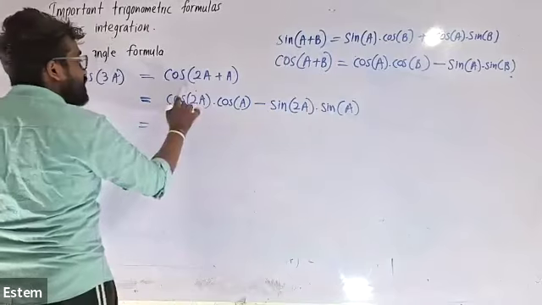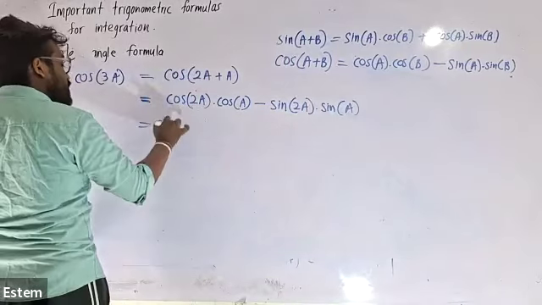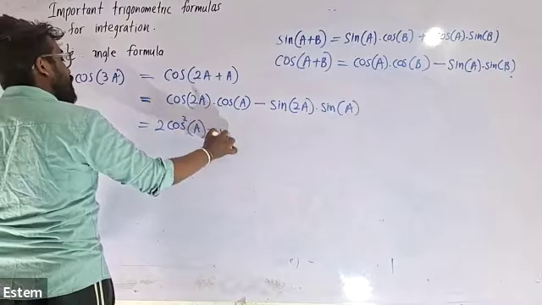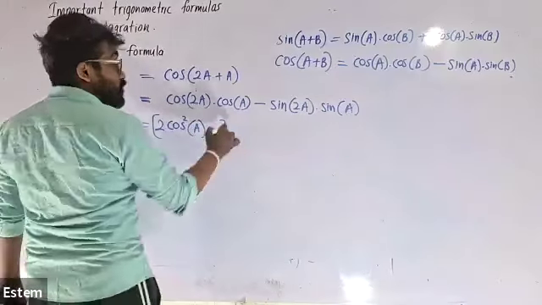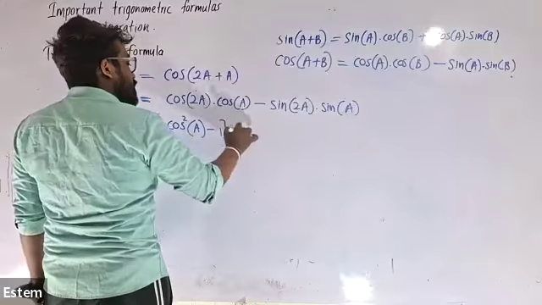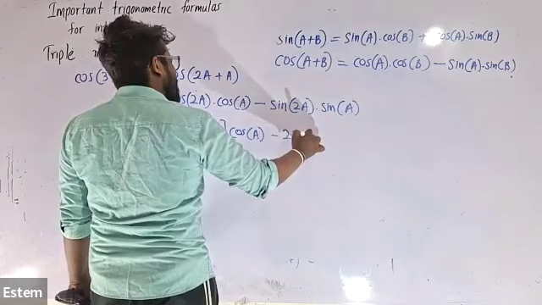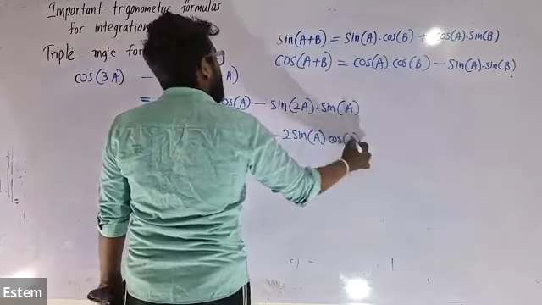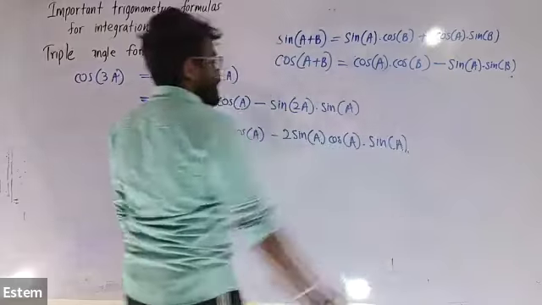Then cos 2a we should express only in terms of cos. So I prefer the double angle formula 2 cos squared a minus 1. We proved this above, not proved, just written. And this is cos a minus sine 2a, which is very easy: 2 sine a cos a, and this is sine a.